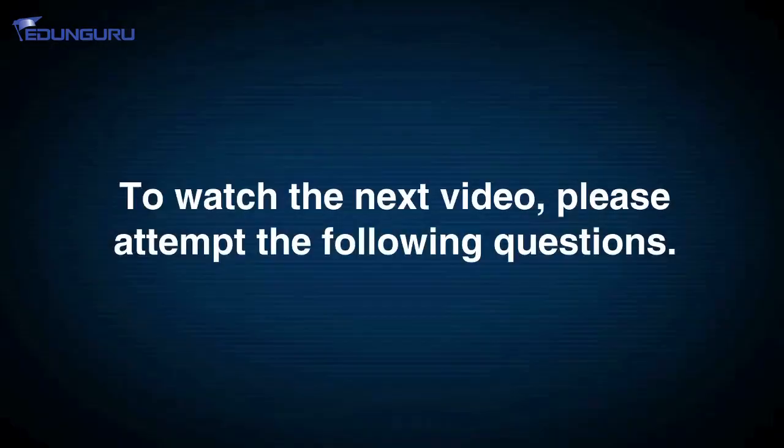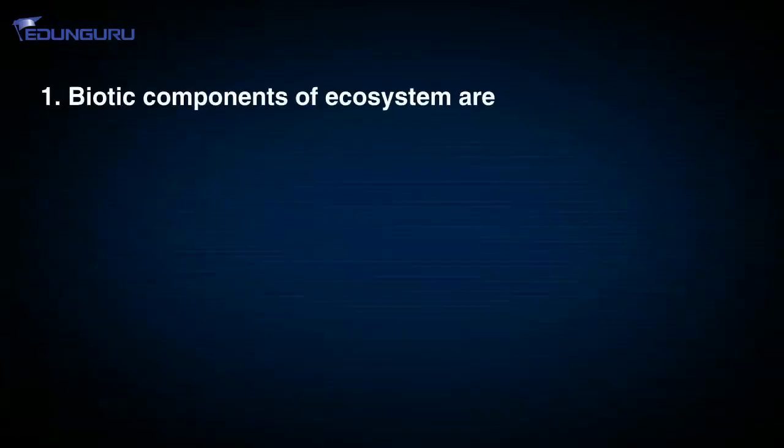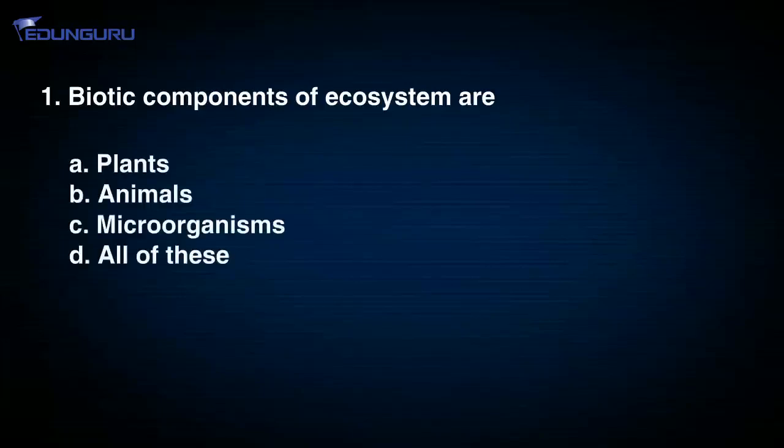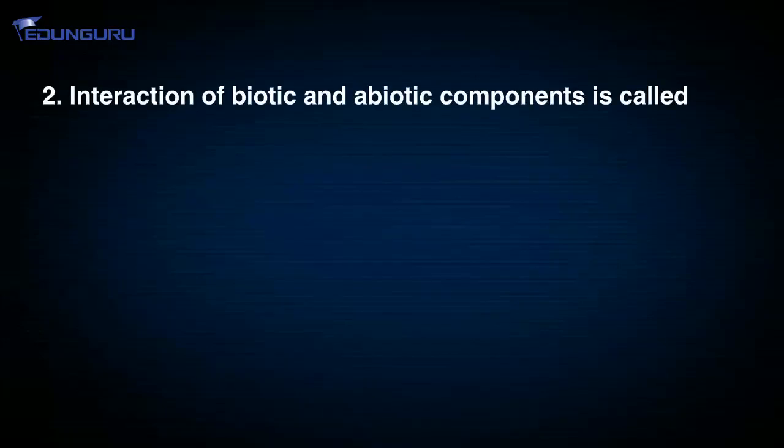And now, my dear students, to watch the next video, please attempt the following questions. Question number 1. Biotic components of ecosystem are A. Plants, B. Animals, C. Microorganisms, D. All of these. Question number 2.